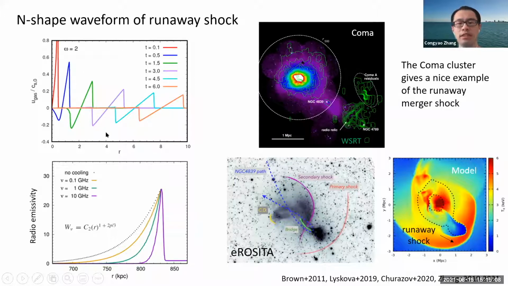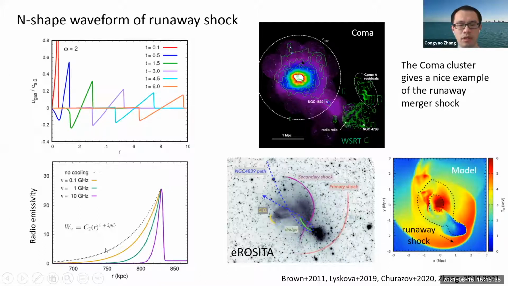This top panel illustrates how such an N-wave structure is formed during the propagation of the runaway shock. A direct consequence of such an N-wave structure is that the strong radio emission from the runaway shock is always confined within a narrow radio shell just behind the shock front. That's because the gas is rapidly decompressed in the rarefaction.